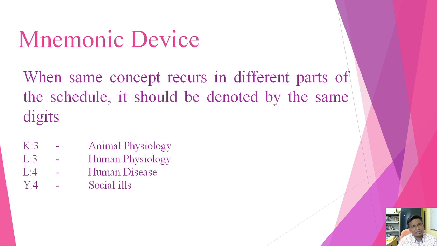Next is mnemonic devices. When some concept recurs in different parts of the schedule, it should be denoted by the same digit. So this is the beauty of the classification. You can see that certain concepts are used across the board. For example, here physiology is used both in animal husbandry and in medicine. So 3 denotes physiology.